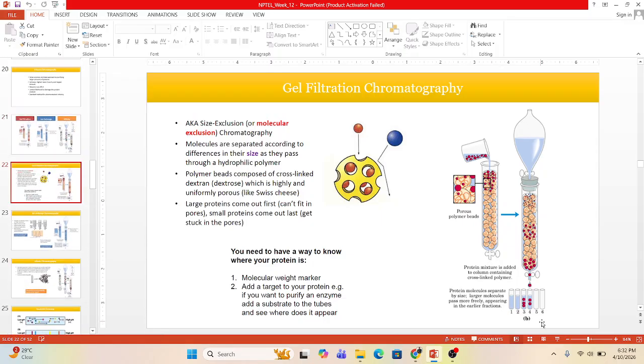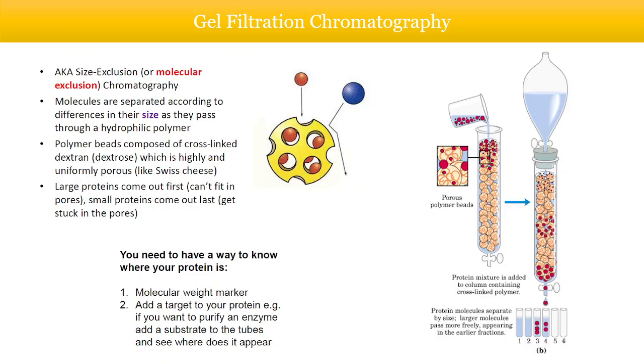Okay, so maybe a little bit in detail. Gel filtration chromatography is a size exclusion chromatography. Molecules are separated according to the differences in size as they pass through a hydrophilic polymer. The polymer beads are composed of cross-linked dextran, which is light, highly and uniformly porous, like a Swiss cheese.